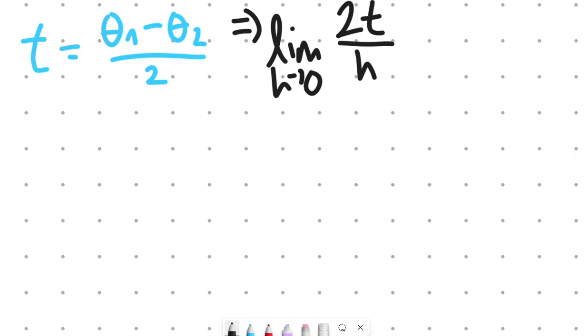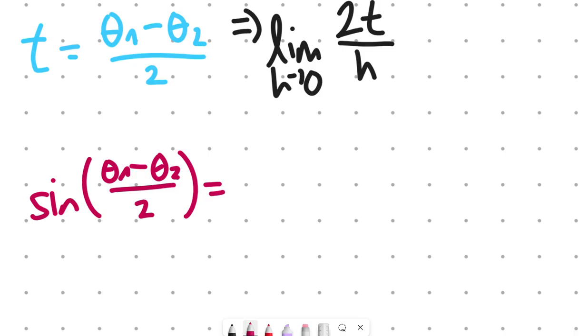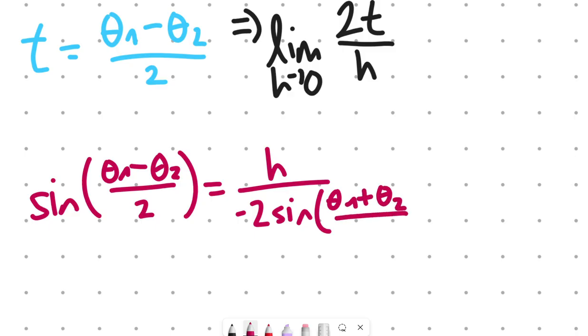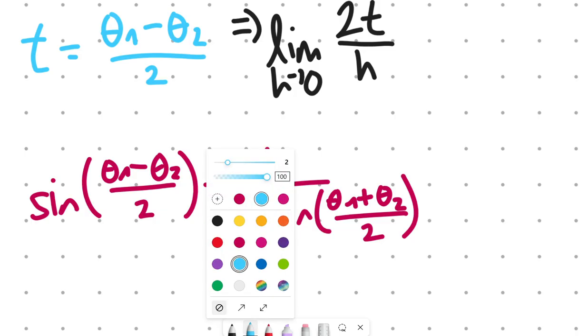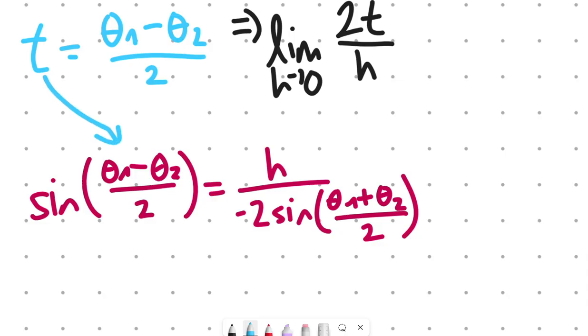What we can do is, we know by the fact that sine of (theta 1 minus theta 2) over 2 is equal to h over minus 2 sine of (theta 1 plus theta 2) over 2. We can plug in the t into our equation because we substituted it.